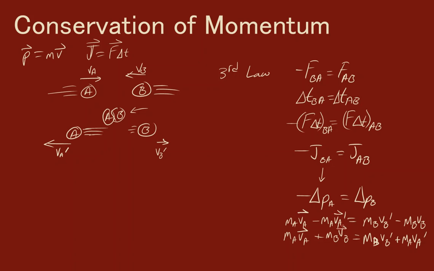So with all this addition and subtraction, we need to keep in mind that the velocity itself has a direction, so we could be adding a negative, subtracting a negative, adding a positive, subtracting a positive. It doesn't matter. We just have to make sure that we're consistent with our coordinate system. Either way, these are the two momenta from the beginning.